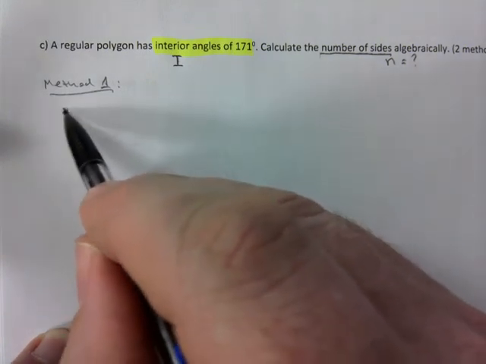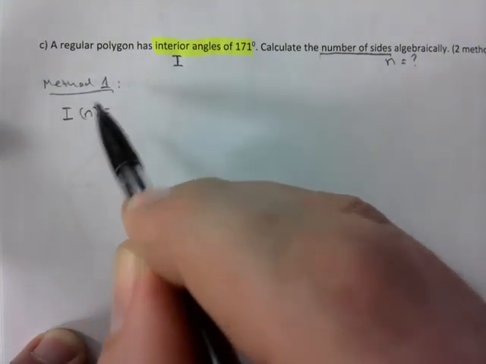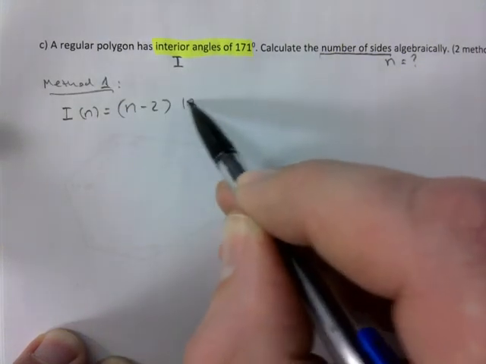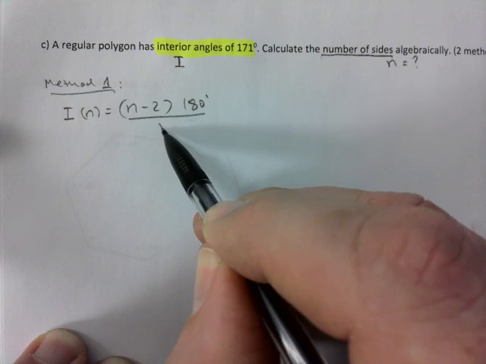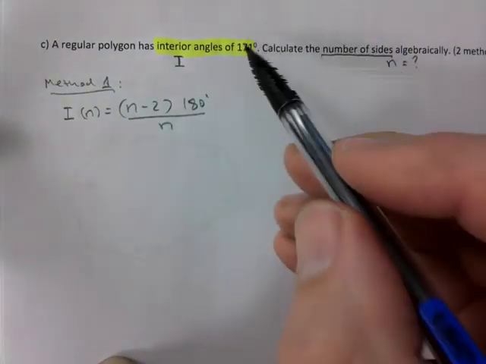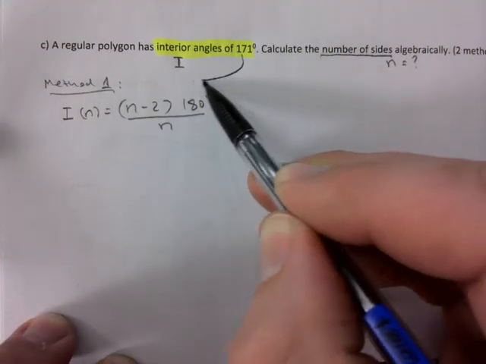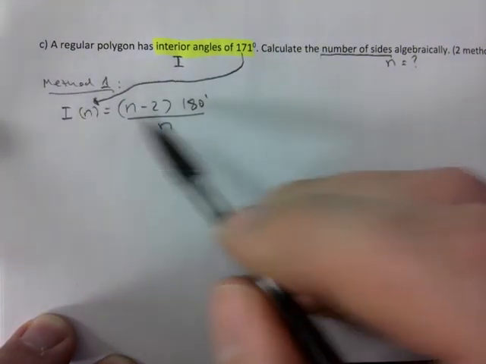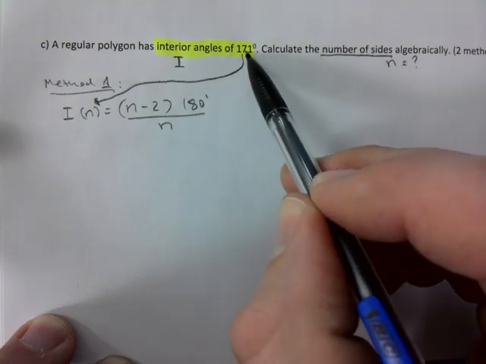But you start with your formula. I, in terms of the number of sides, would be n minus 2 times 180 divided by n. You know this can be substituted. This whole I of n can be substituted with 171.